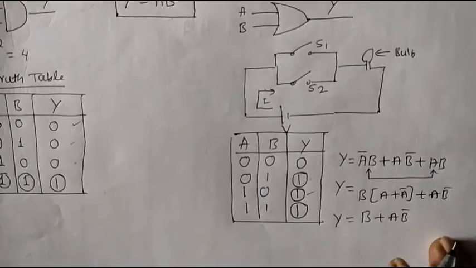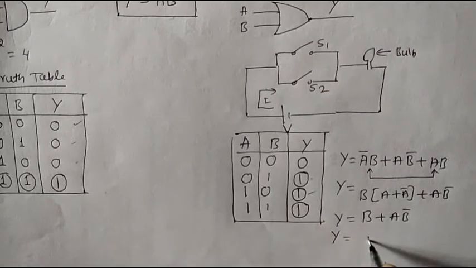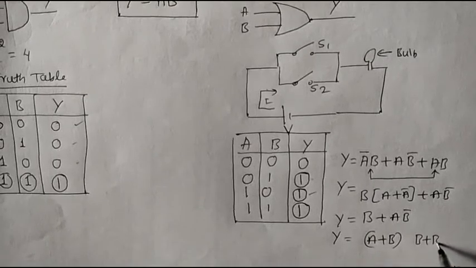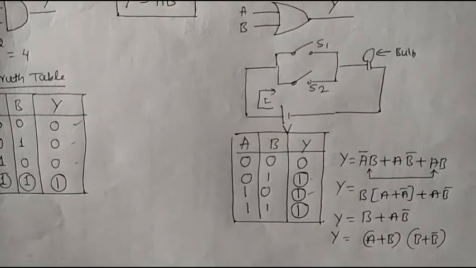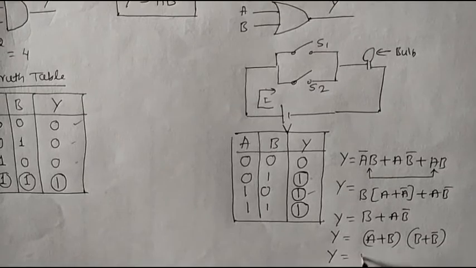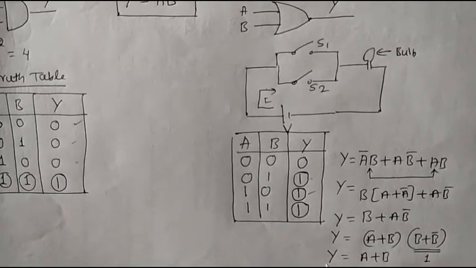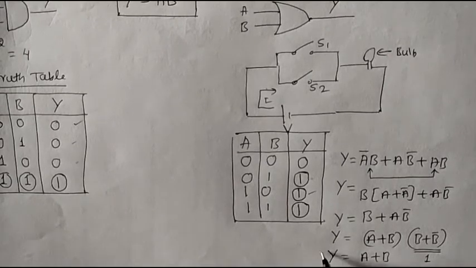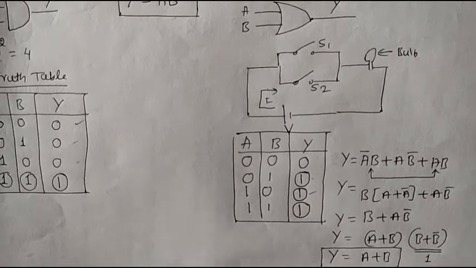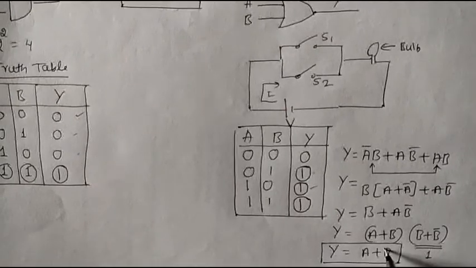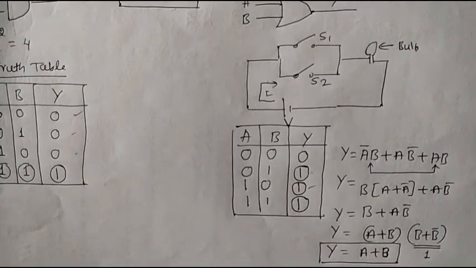I can write this as Y is equal to A plus B, B plus B bar, that is distributive law. Therefore I can write Y is equal to A plus B, whereas this value is 1. Therefore the Boolean expression for OR gate is A plus B.